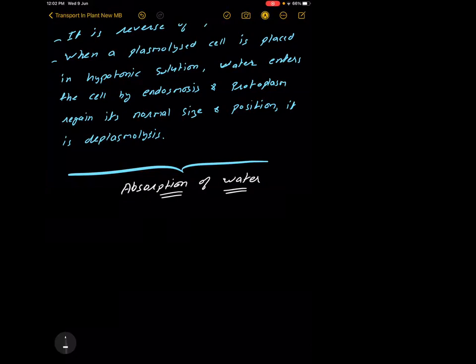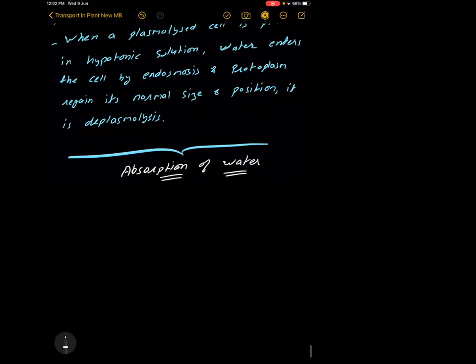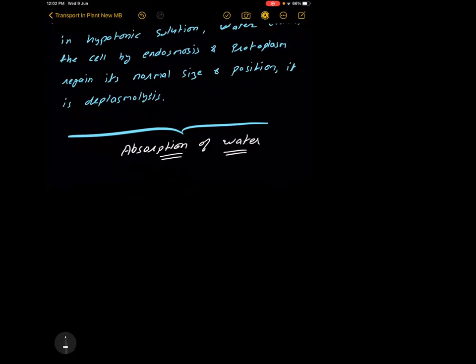If the cell becomes flaccid during plasmolysis, it is called a flaccid cell. This flaccid cell can be changed into a turgid cell by entering the water. Only the plasmolysed or flaccid cell having concentrated solution can be used in deplasmolysis. Not the normal cell.